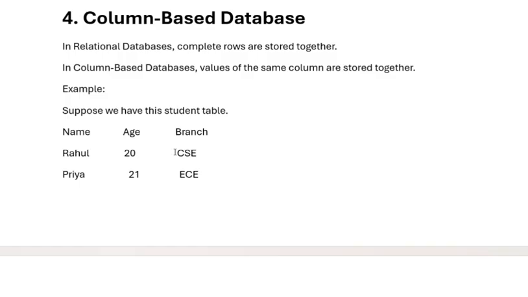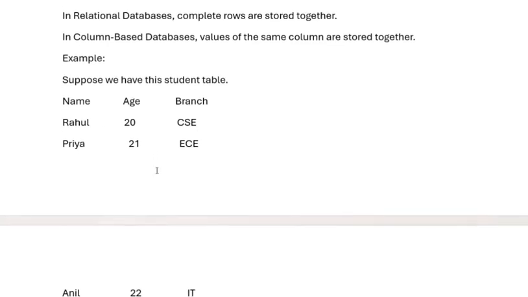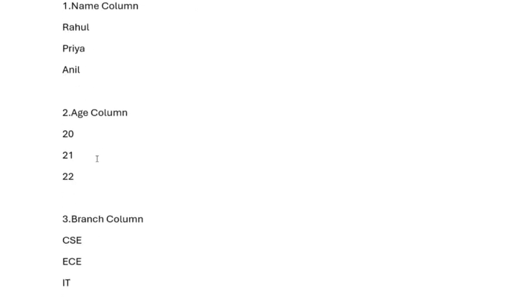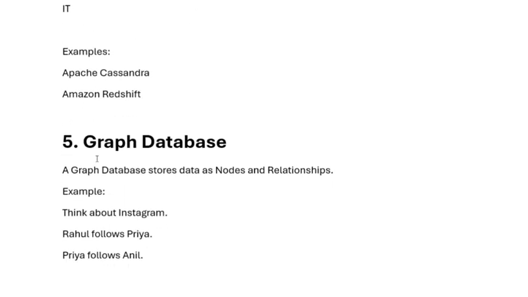In a column based database, we store the data by columns. For example, take a student table with name, age, and branch as the columns. If you want only the name column, it returns only the name column. If you want age, it returns age, like the branch column also.